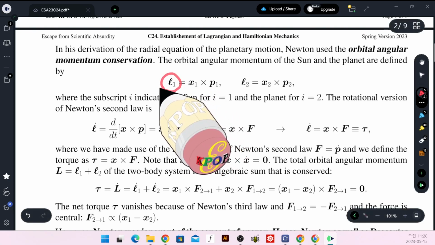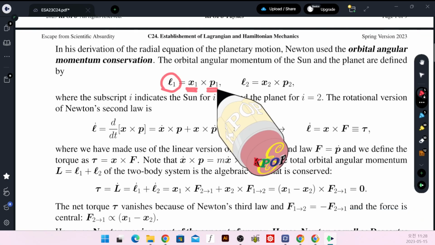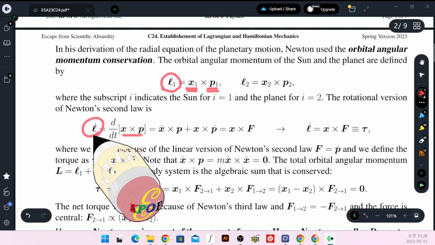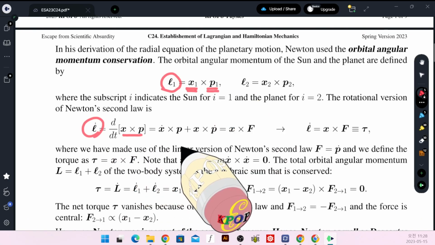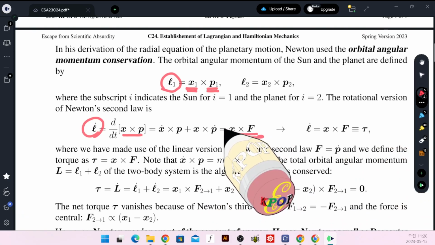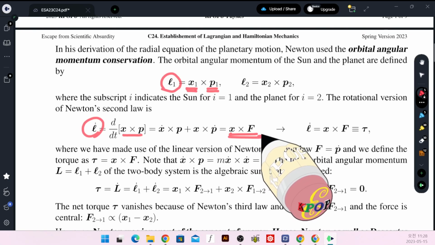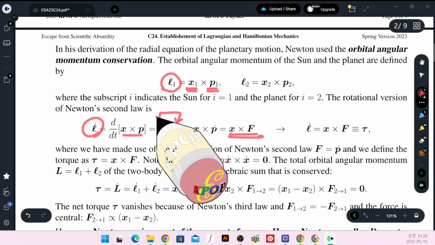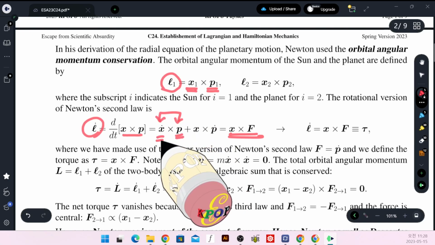The orbital angular momentum is the cross product of the position vector and the linear momentum of each particle, and for each particle, the time derivative of angular momentum is torque. Torque is defined by the position vector cross product with the net applied force. Here, we find that the first term cancels because the linear momentum is parallel to the velocity.